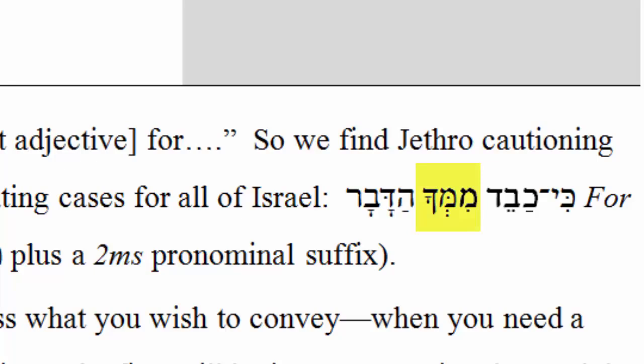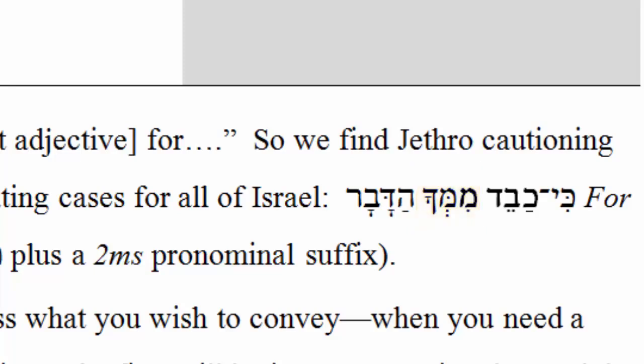It does consist of the preposition min, followed by the pronominal suffix for you, masculine singular. We might expect this to be spelled mem nun plus kaf, but the normal spelling is mem with a dagesh, followed by kaf. You'll learn more about these common prepositions such as min, when followed by pronominal suffixes in a later segment.